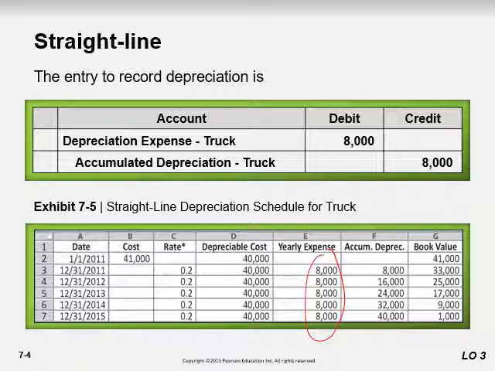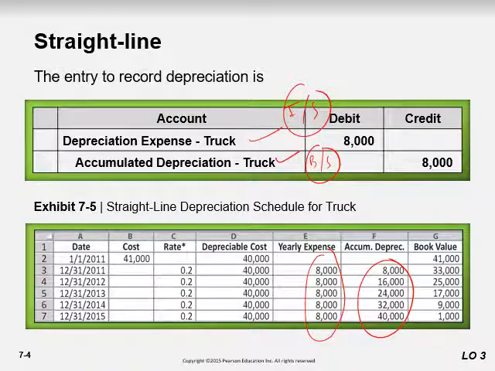Every year we accumulate depreciation and write it on the balance sheet against the truck, because accumulated depreciation is a contra account, or opposite account, of the asset. This will go to the income statement and this will go to the balance sheet, right?